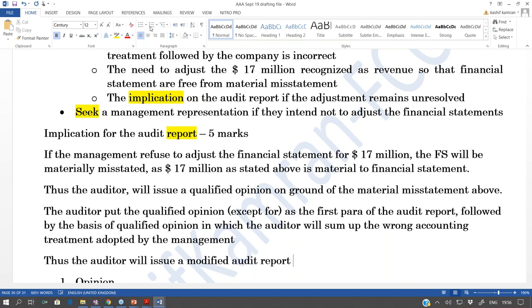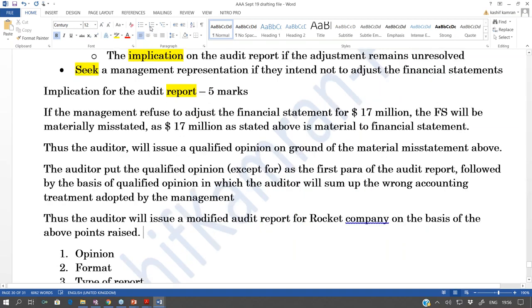I'm not saying opinion. Thus the auditor will issue a modified audit report for Rocket Company on the basis of the above points, on the basis of the above points raised. Can you see how I went down explaining each point towards my gain of 5?